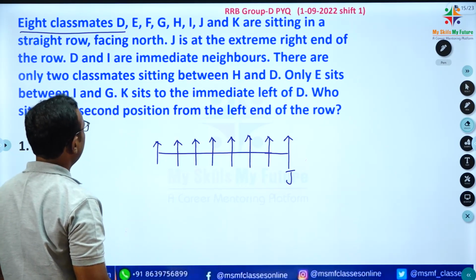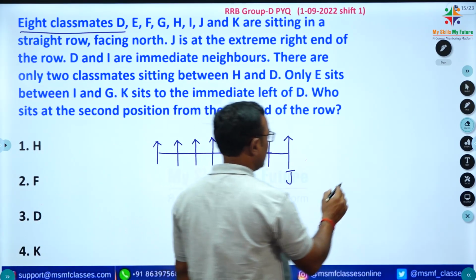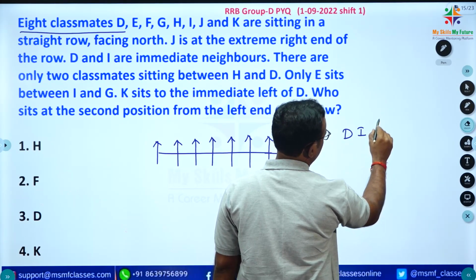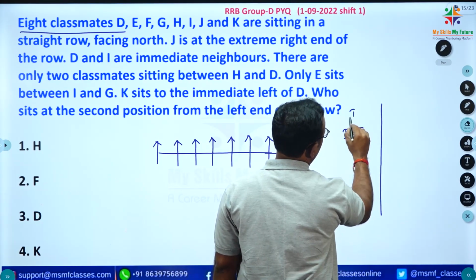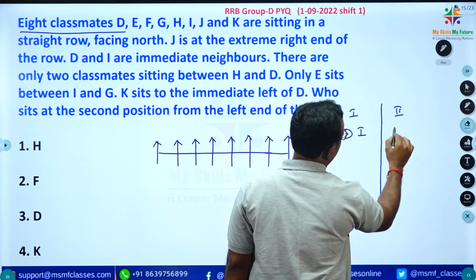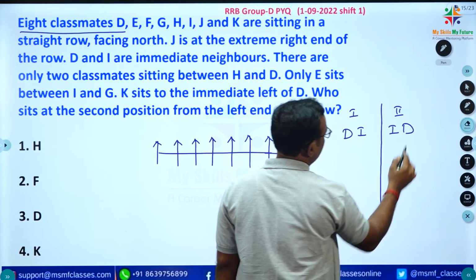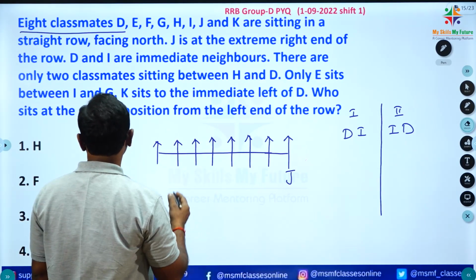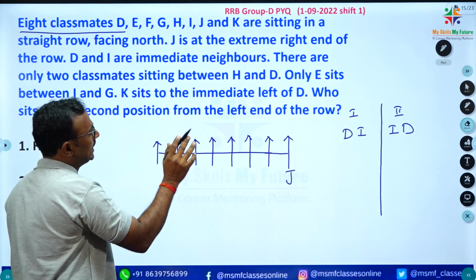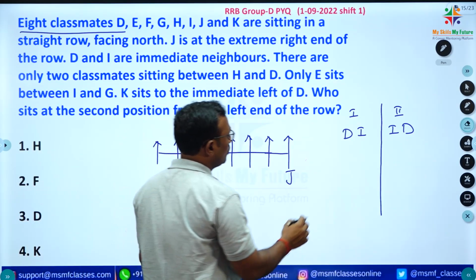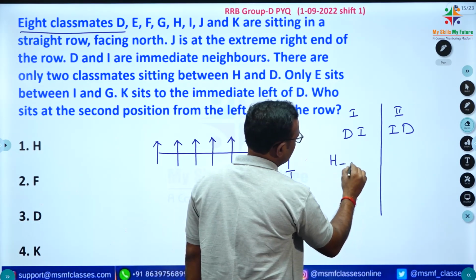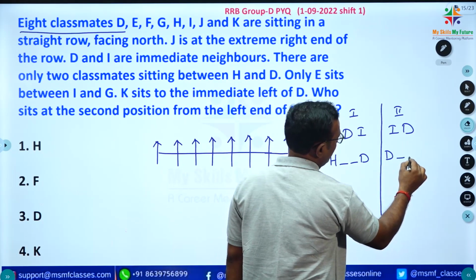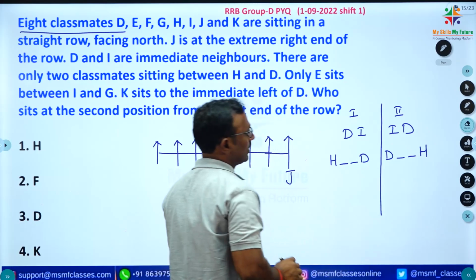D and I are immediate neighbors. So there are two possibilities: D and I, we can write like this, or another possibility is I and D. There are only 2 classmates sitting between H and D. We can write one possibility or another possibility.